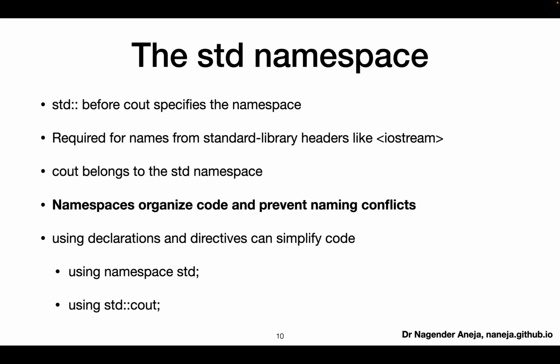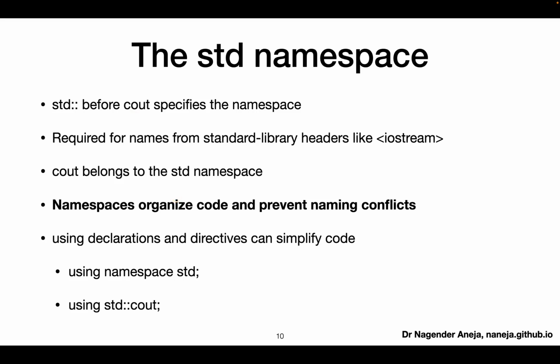We have also used the standard namespace, which we put before cout. We have always written std::cout, and we'll use std::cin also. It specifies the namespace, and a namespace is one way to prevent name conflicts. For example, cout may be used by other namespaces also.